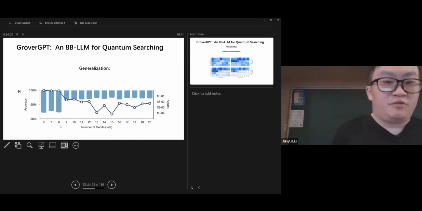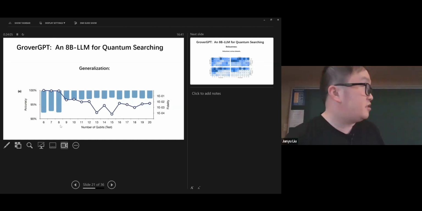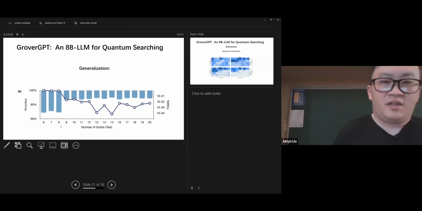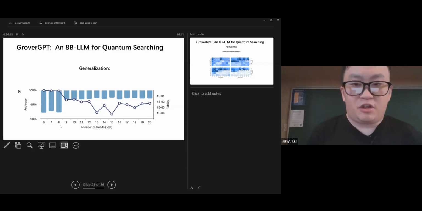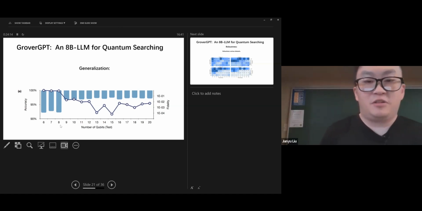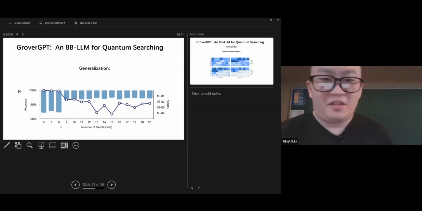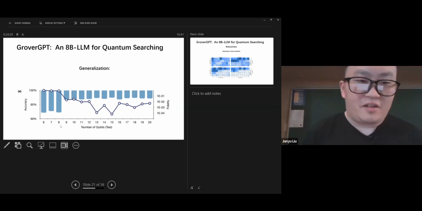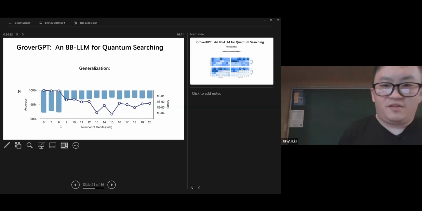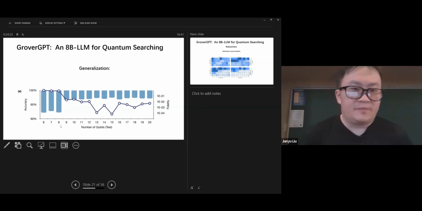Another example that we test is generalization: we only ask the LLM to learn from data sets of up to 10 qubits, and we try to generalize it to a higher number of qubits, and it still has some significant accuracy.